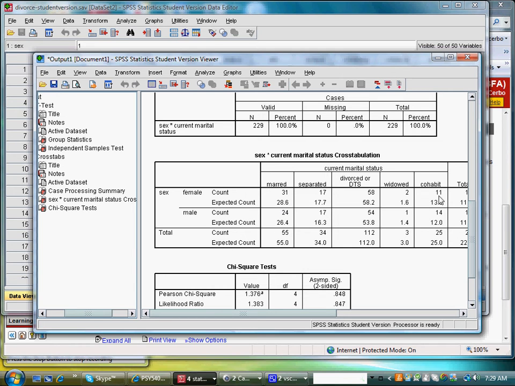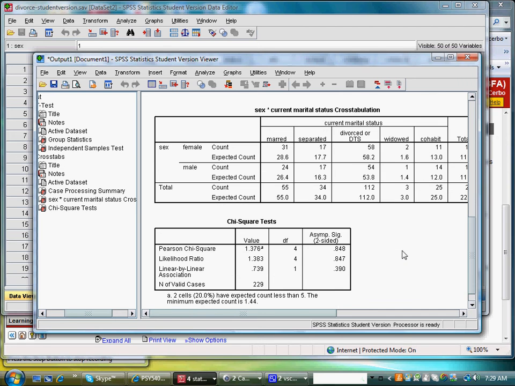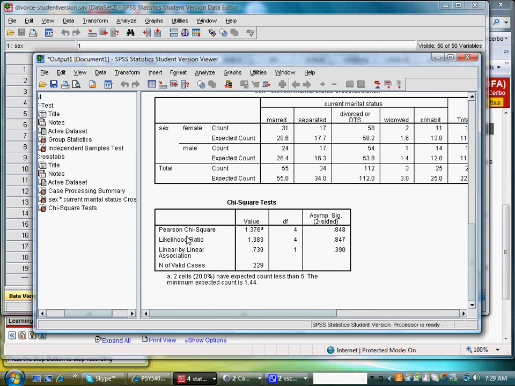So you can see actually the expecteds aren't too far off here. And so then we look at our chi-square. So this is the value of it, and this is the significance level of it. So remember what we're looking for there in terms of that significance level. Tell me what that is as you write up your discussion in the assignment. But so that is your chi-square test.